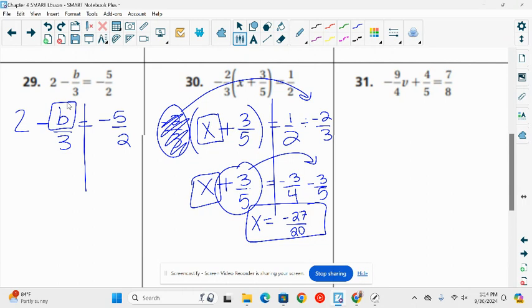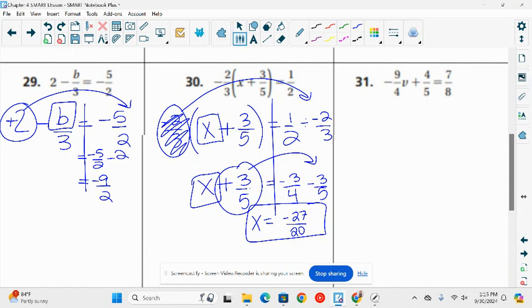What operation is in front of the 2 right now? Addition. It's a plus. So when I move it over, I have to move it over using subtraction. So I have negative 5 halves minus 2, which results in giving me negative 9 halves.